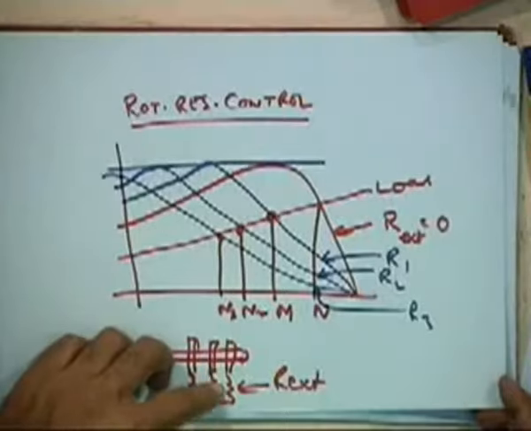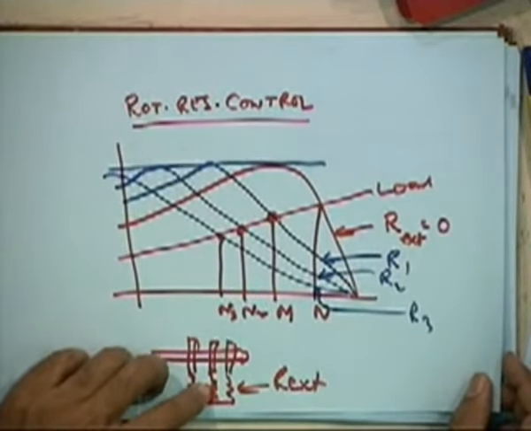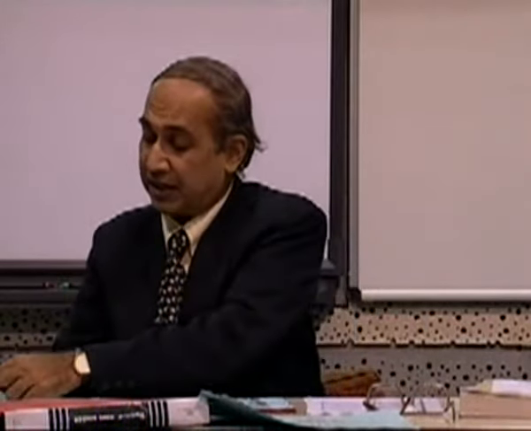So the next stage of this is, can you recover this power? Whatever power you would have otherwise dissipated in resistors, you can recover that. That is one of the steps which is used, called slip power or slip energy recovery.